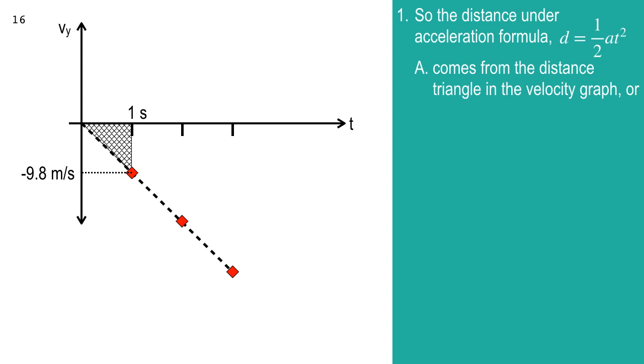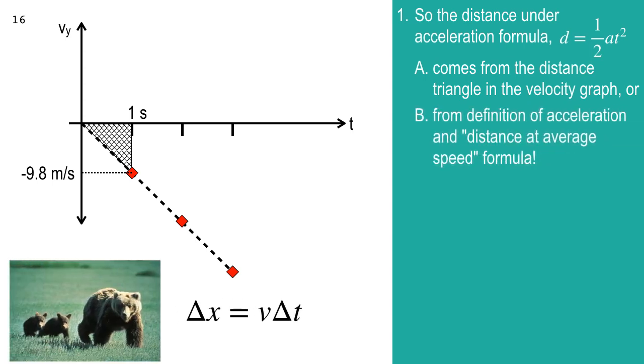And for Joyce's velocity triangle, we might just make it positive, so it would be a triangle going up from left to right. But anyways, it's a triangle on the velocity graph, and it comes from using the definition of acceleration and the distance at average speed formula. In other words, delta x equals v delta t. And that's down here next to the 3 grizzly bears, 1 big one and 2 little ones. So that's kind of nifty.